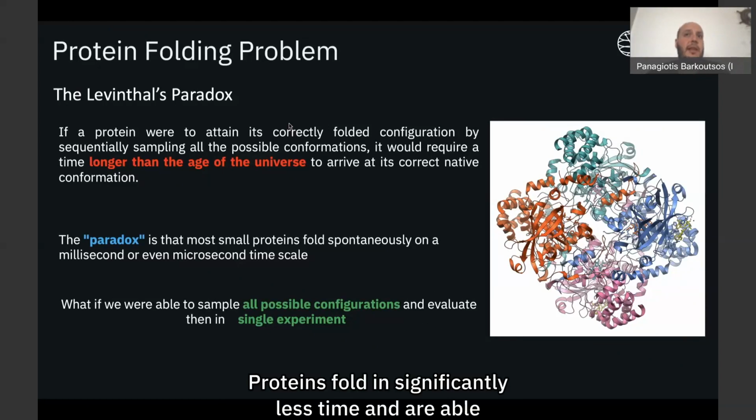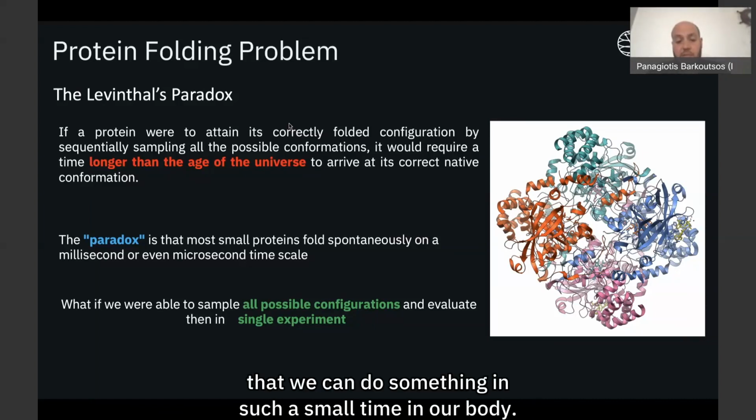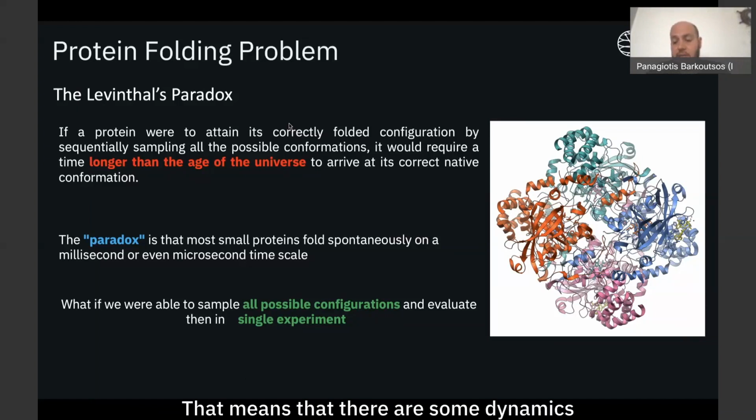Proteins fold in significantly less time and are able to really capture their final folded form within micro to millisecond times. How is this happening? This is exactly the paradox. Levinthal's paradox is exactly the fact that we can do something in such a small time in our body, which means that there are some dynamics that we just don't understand.